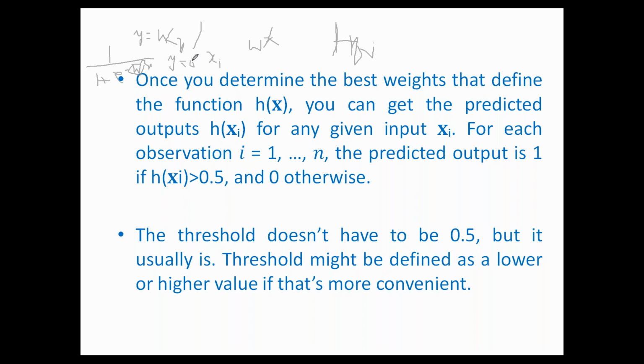Instead of 1, you have got 0.8, so you have to specify the threshold. The threshold is taken as 0.5 by default. Since y is greater than 0.5, I can assume y is equal to 1. Whichever is less than 0.5, I will take it as 0. This is how you will see the response.